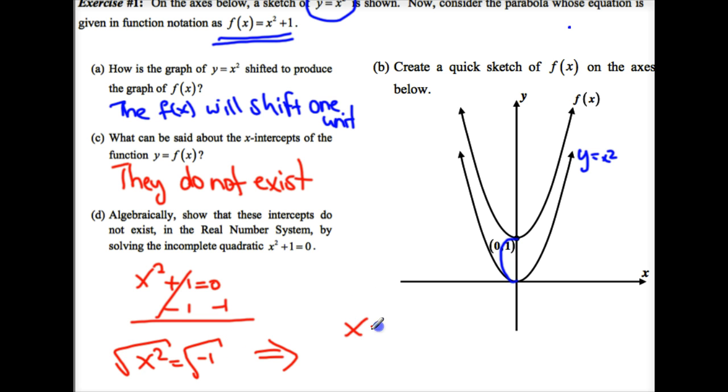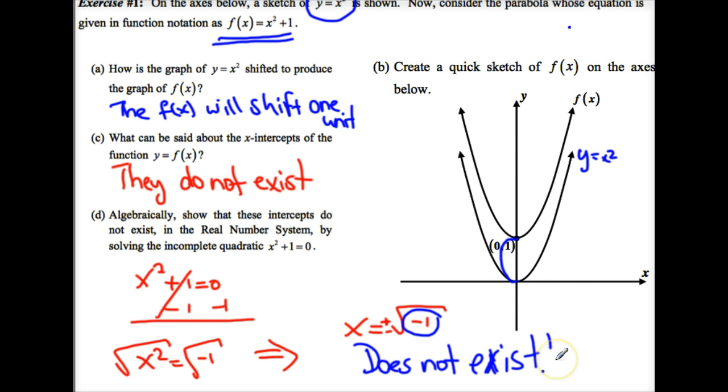And this is x is equal to plus or minus the square root of negative 1. But we know that whenever there's a negative under the radical sign, it does not exist.